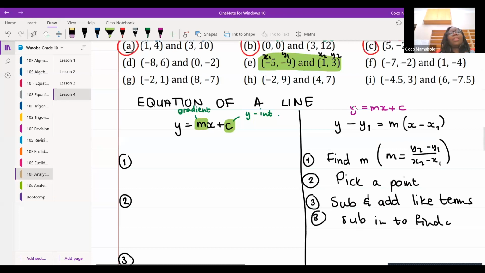Yes, miss. Excellent. All right, we're not going to use point E now. We're going to use F. What is our first step, Sipiwe? Step number 1 is m equal to. Good.